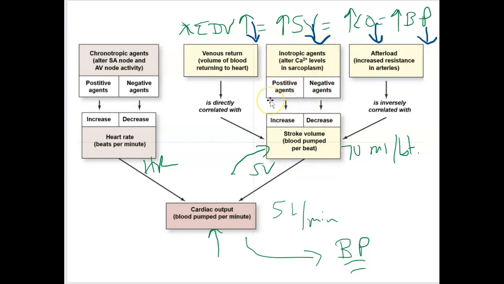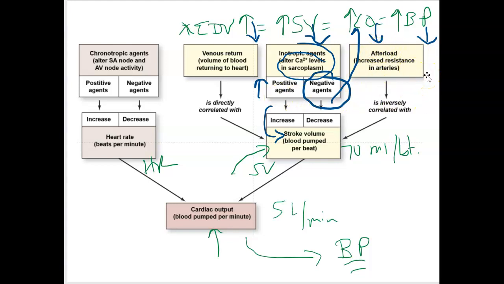Remember, the positive ones basically boost the amount of calcium inside the muscle, so it contracts even harder, stronger, regardless of how much blood came back. It activates more cross bridges, and that is also a direct relationship. So positive agents increase stroke volume, which would then increase our cardiac output and blood pressure, while the negatives, remember, decrease everything.